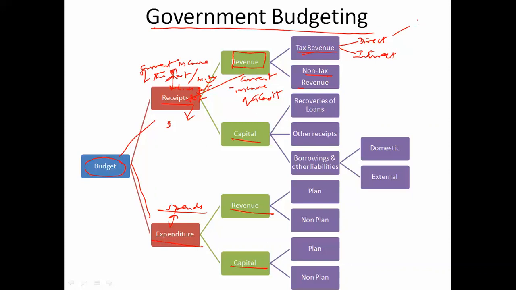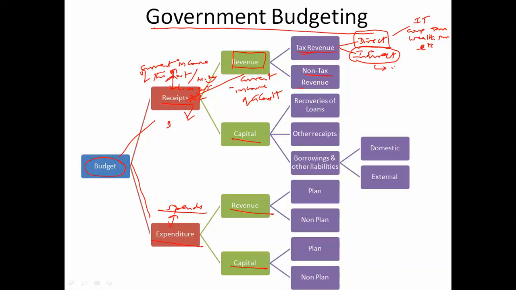Direct tax revenues are income tax, corporation tax, wealth tax, etc., gift tax, etc. Here the burden of tax is directly borne by who is paying the tax. In indirect tax, the burden of the tax is not borne by the one who is paying the tax.